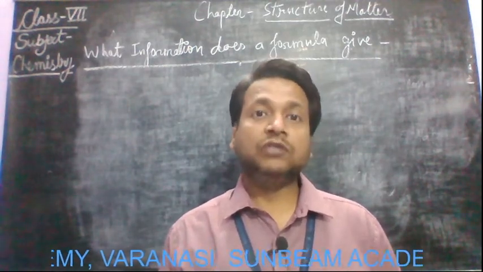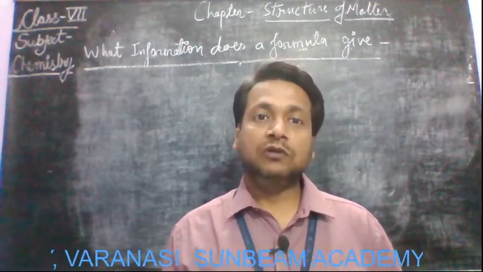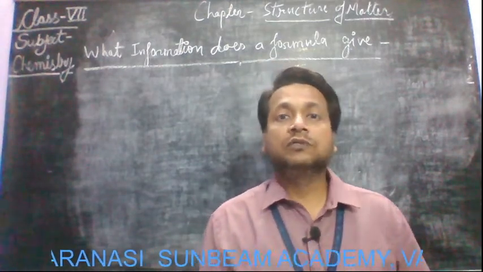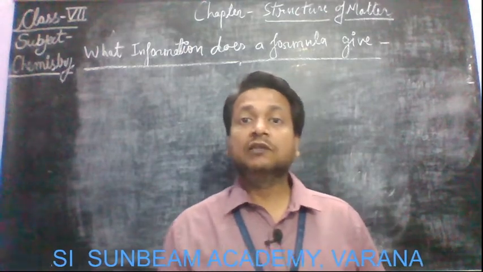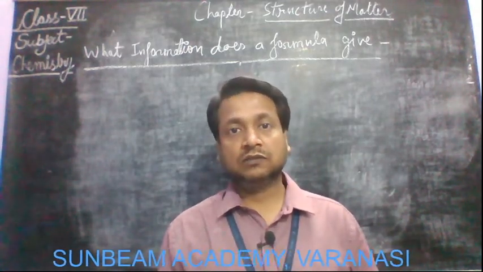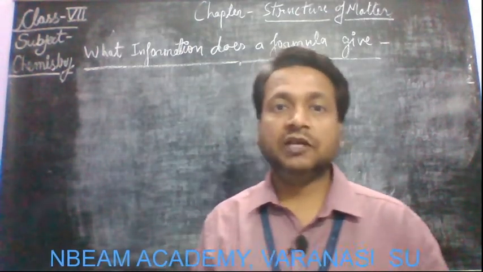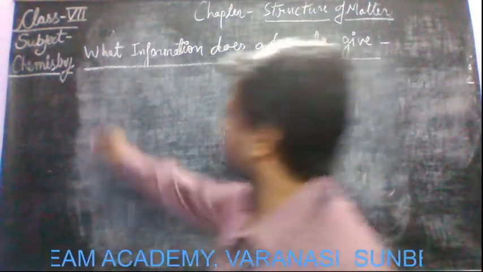So what is that information that you must know? Simply, the formula of any compound is going to provide three pieces of information to us. So let us come to what these three pieces of information are, one by one.